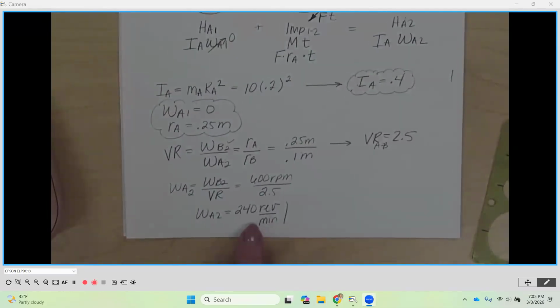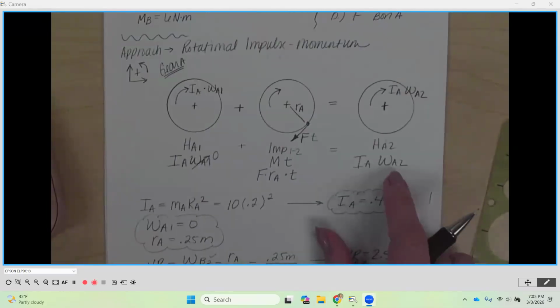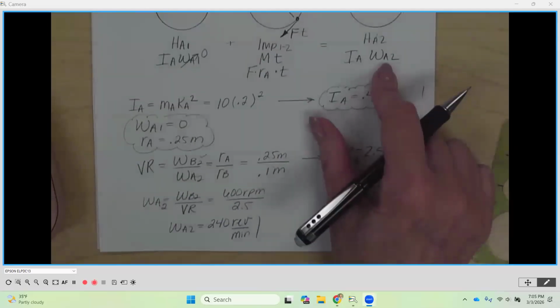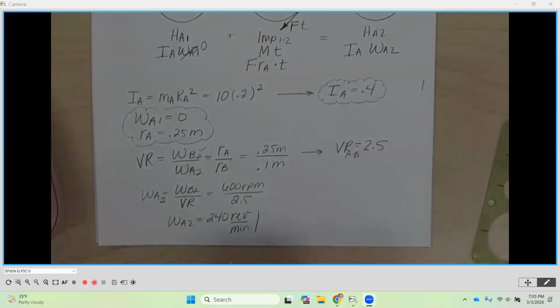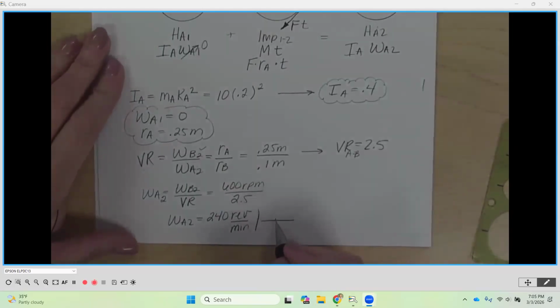Okay. I can't use revolutions per minute up in this equation. I've got to convert it to our friend radians per second, right? So go ahead and convert to radians per second.